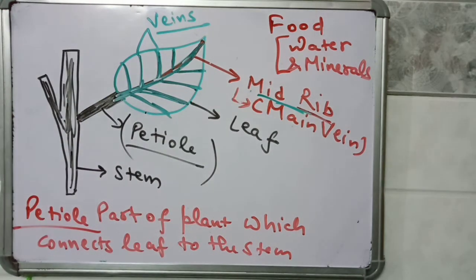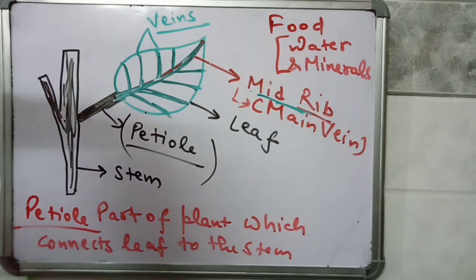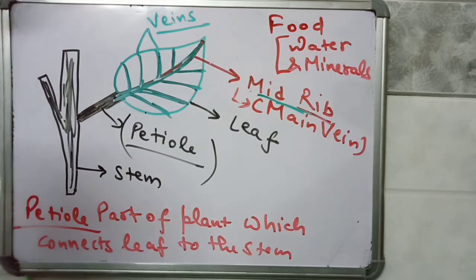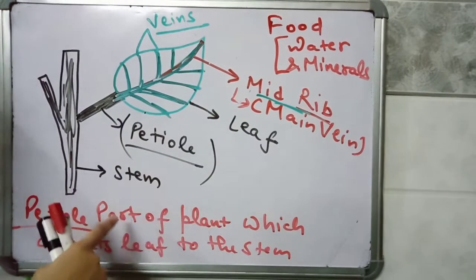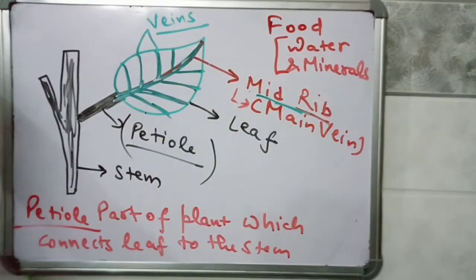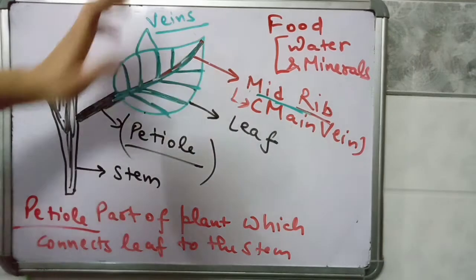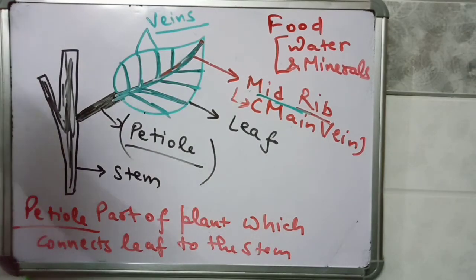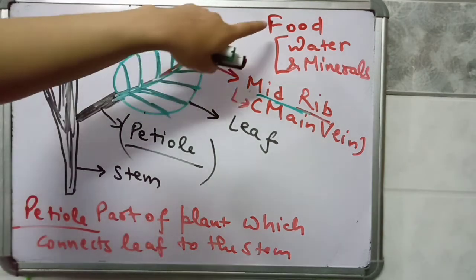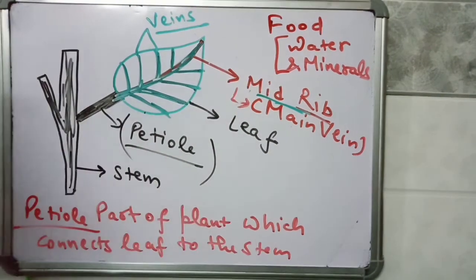Mostly food is prepared in the leaves of a plant. Midrib and veins are present in leaves only, not in stems. In stems several tube-like structures are present which help to transfer food, water and minerals.